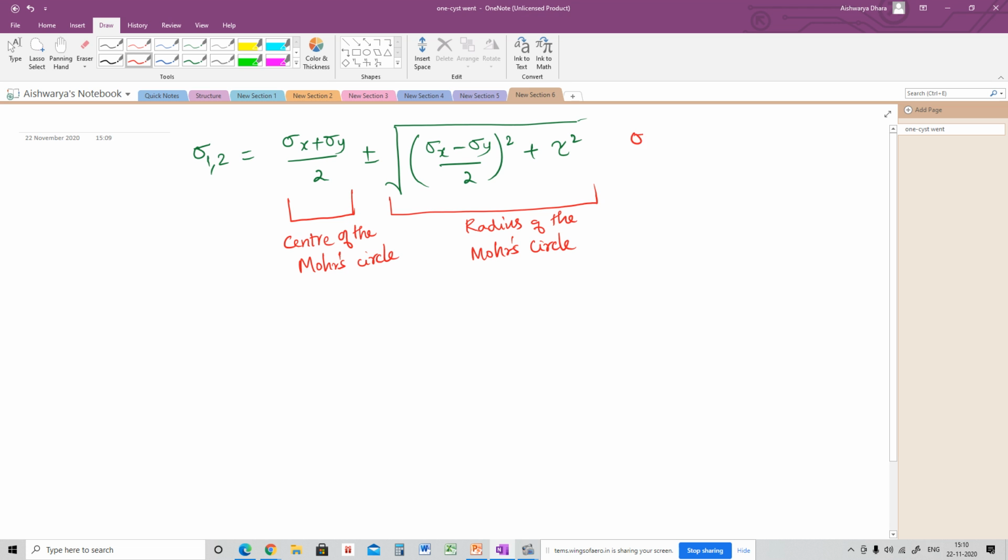So basically sigma 1, 2 equals C plus and minus r. C represents the center of the circle, r represents the radius of the Mohr circle.